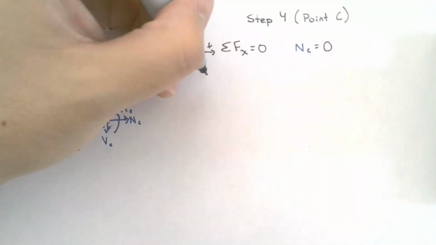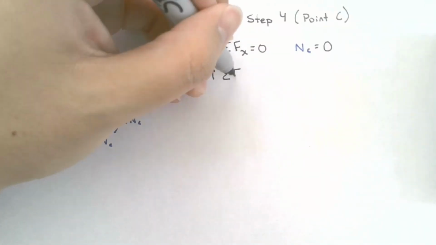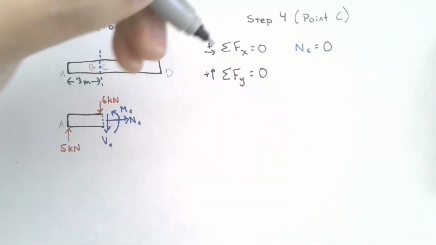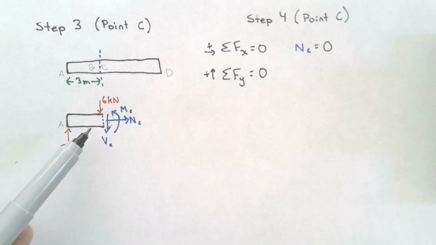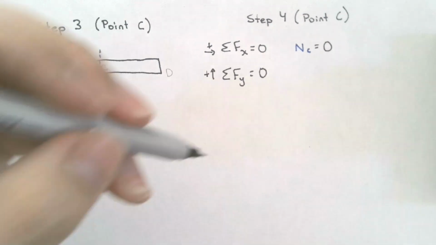Now, moving to the sum of forces in the y direction, we have to include not only the 5 kilonewton reaction from the roller, but also the 6 kilonewton external force.